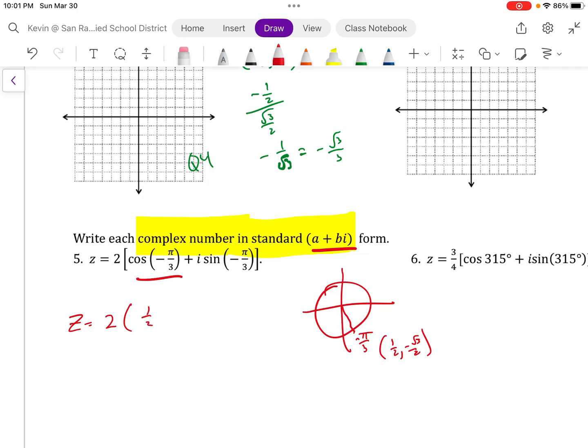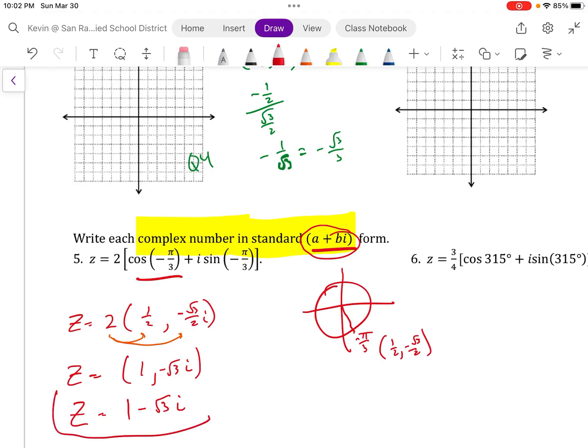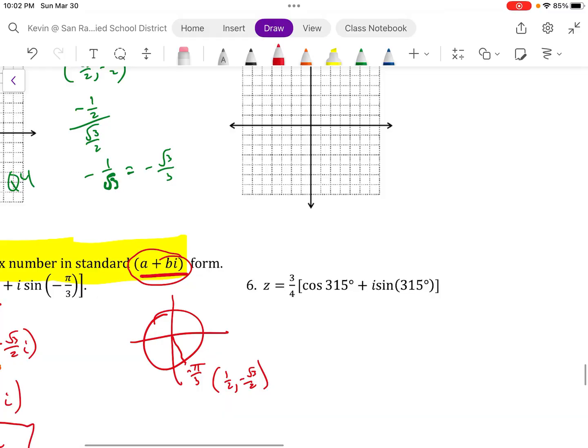So Z equals 2 times (1/2 and negative root 3 over 2 i). Now we distribute this 2 and multiply it by each of those values. 2 times 1/2 is 1, and this is negative root 3 i. So it's 1 minus root 3 i, because it's supposed to be in a plus bi form. I probably should wait until the morning to do this.